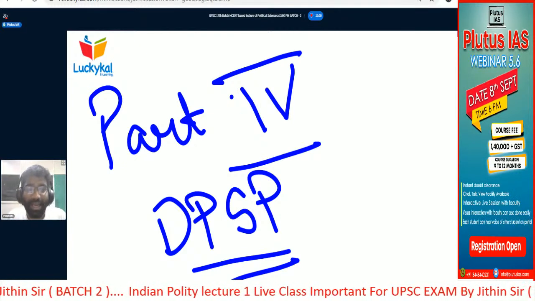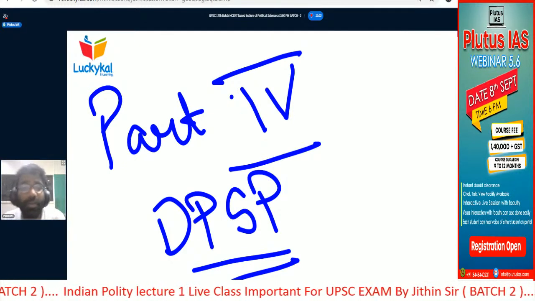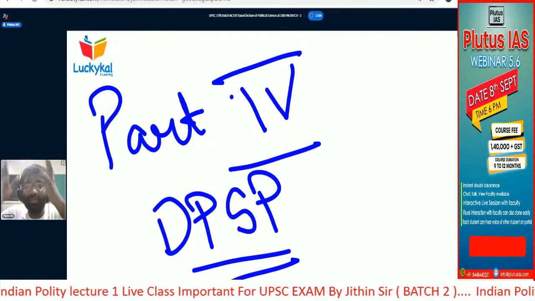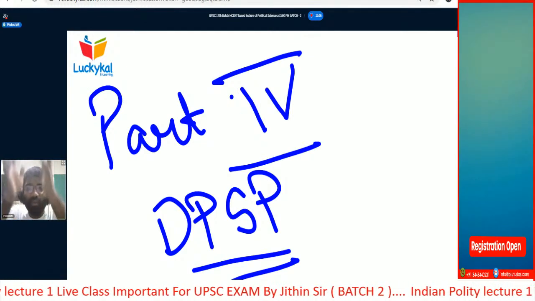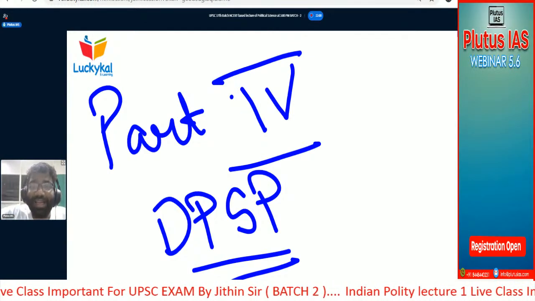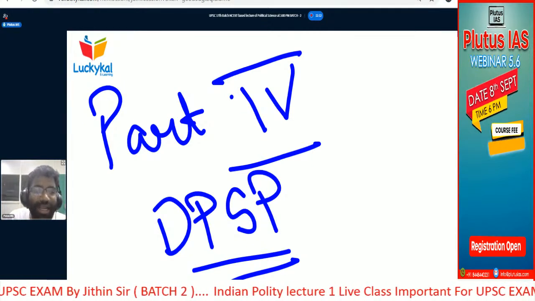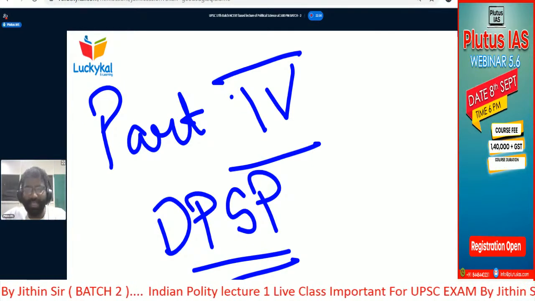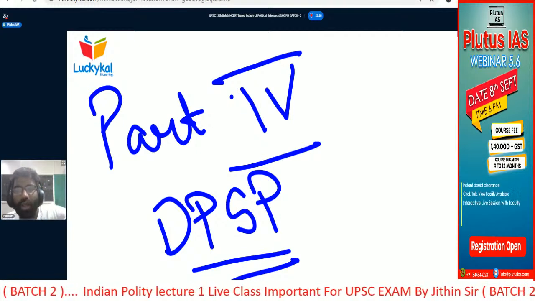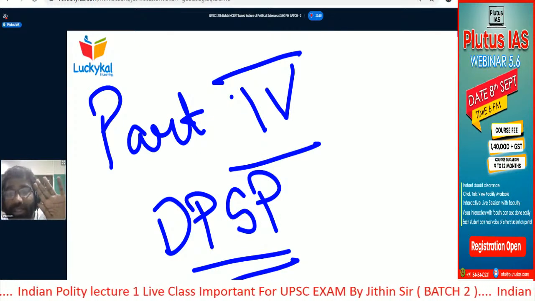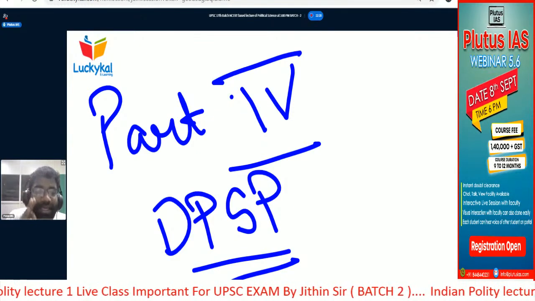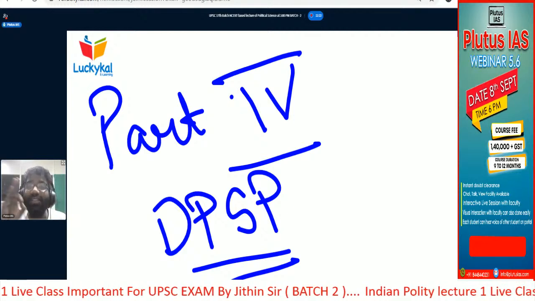Similarly, in Indian polity, what does DPSP provide? It gives certain guidelines. These describe an ideal society, Ram Rajya, where everything is perfect and nothing is wrong. That aspect is DPSP, guidelines of principle.